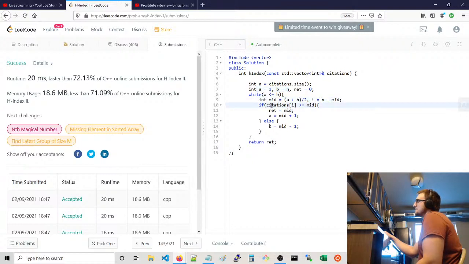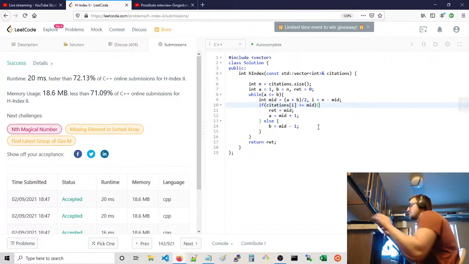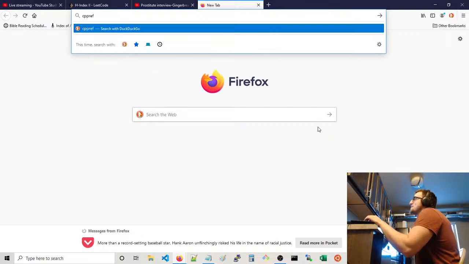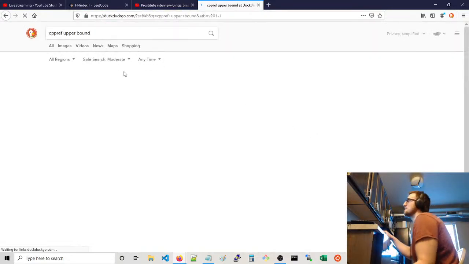This n minus mid, this n minus value is greater than or equal to that value, right? It's like you're looking for the largest value where that's true. How would you even do that? I think you can. I think it's possible.